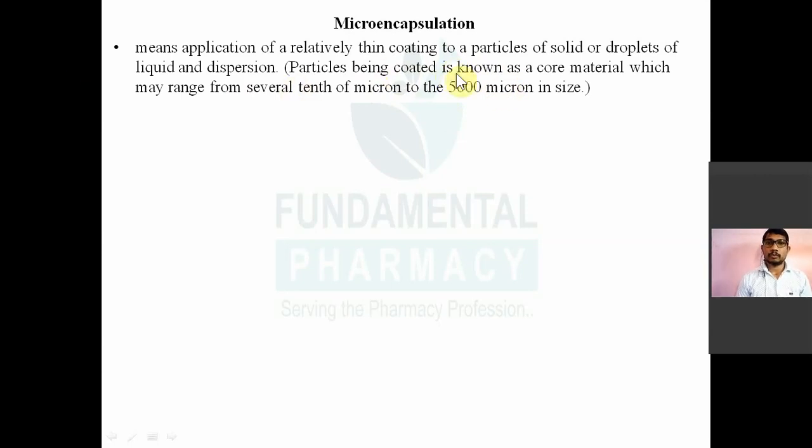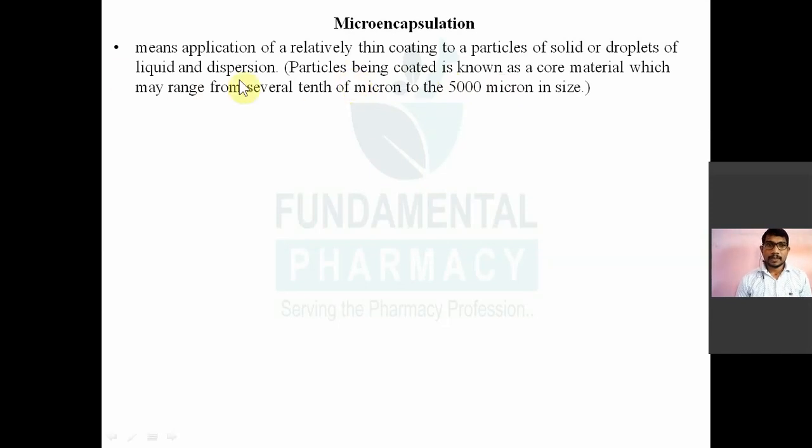That core material may be either solid, liquid droplet, or dispersion. You have to envelop that core material using a thin layer of polymer film. That is nothing but the encapsulation. You have to form a capsule, a thin layer of envelope around your core material. That is nothing but microencapsulation.